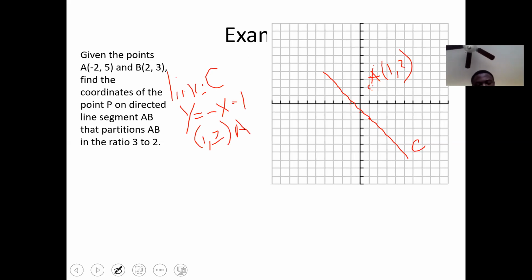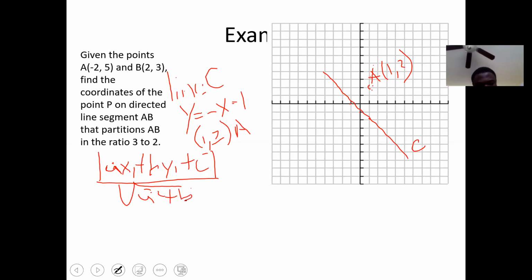And yesterday we did learn that equation was the absolute value of A x sub 1 plus B y sub 1 plus C all divided by square root of A squared plus B squared. Okay. So now we just plug everything in. Well, first we have to rewrite that y equation to be x plus y plus 1 equals to 0.